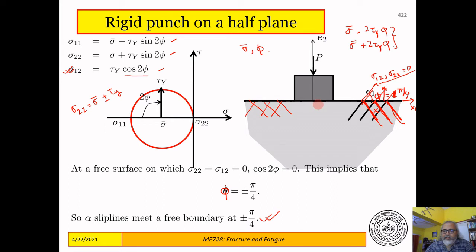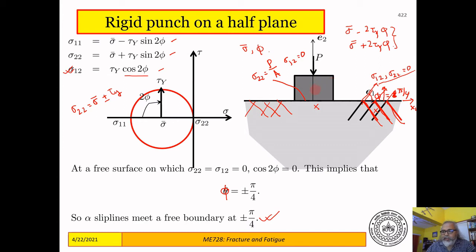What about somewhere here? Somewhere here, sigma 2 2 is equal to sigma applied, where, let's assume, this is a perfectly lubricated punch. So at this point, the normal is still in the 2 direction. Sigma 2 2 is something like punch force by punch area, and sigma 1 2 is equal to 0.